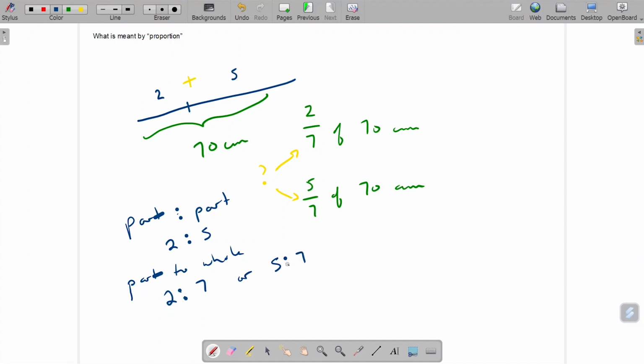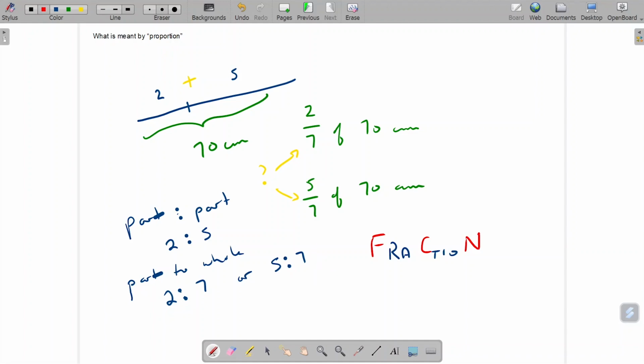Now, something which interests me is that a ratio is almost the same thing as a fraction. And so very often when we write things in proportion, you'll see that we have things written as fractions.